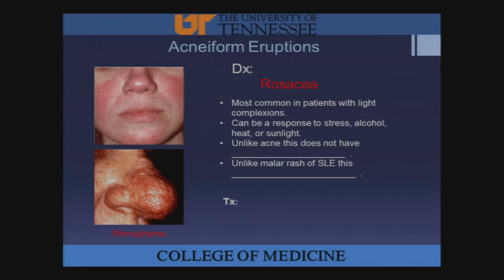Unlike acne, this does not have what? Because there's this certain type of this that can be confused with acne. That's the papulopustular rosacea. But the thing they'll comment on is they're going to tell you they don't have this. It's a skin finding that's common in acne. No comedonal lesions in this, okay?